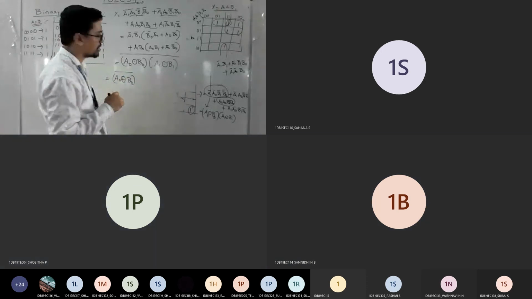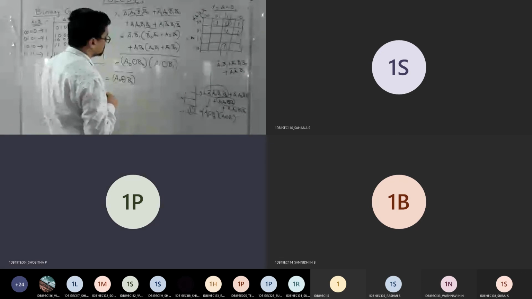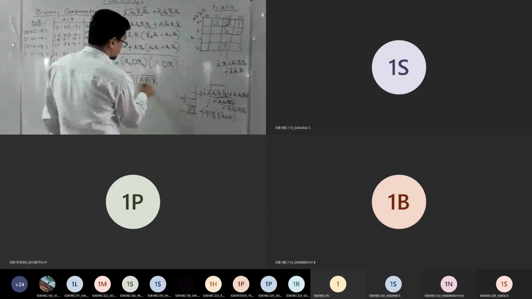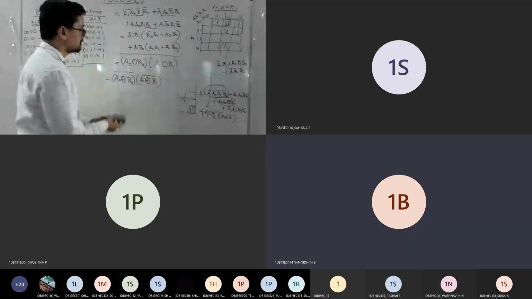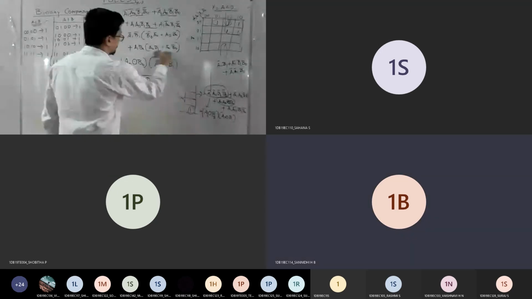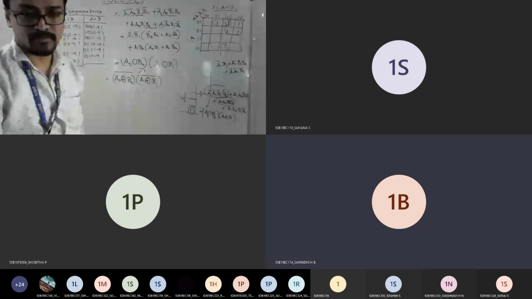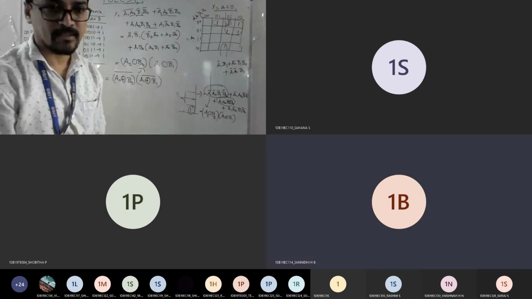A1 XOR B1 bar. Is it like this only? Yes, sir.